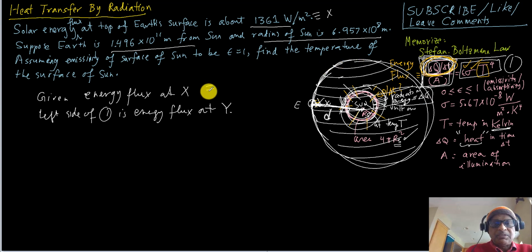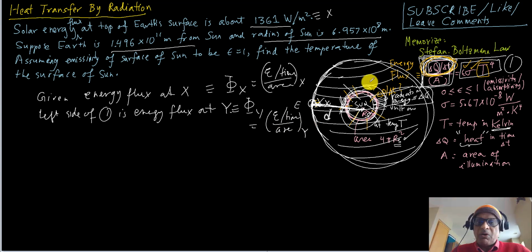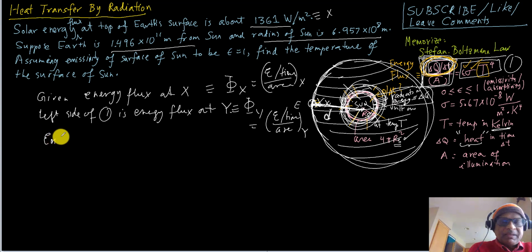So let's call this flux phi at x, and let's call this phi at y. Basically, this is energy per unit time per unit area around x, and this is the energy per unit time per unit area around y. So I'm going to look at all the energy that came out of here. So the energy, let's call this surface A, and let's call the other surface B.